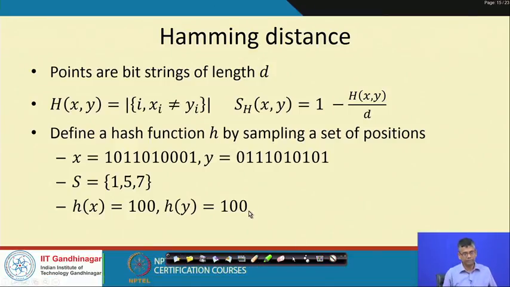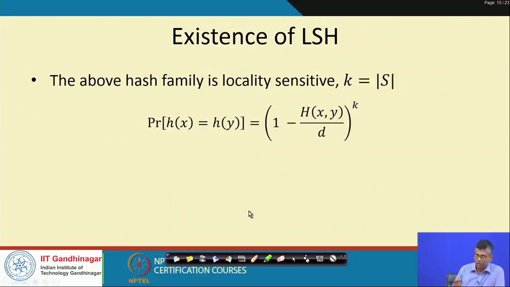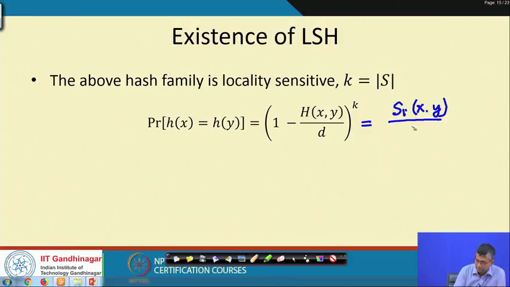Then you can ask the question, what is the probability that h of x equals h of y? Here, because we have used k coordinates, the probability is s_h(x,y) to the power k. Let us say we are choosing them with replacement.